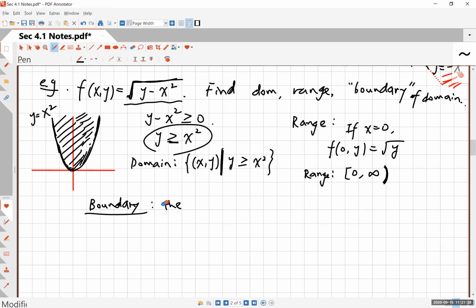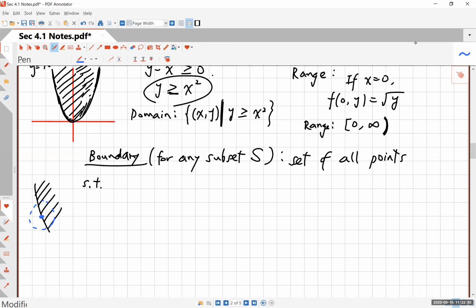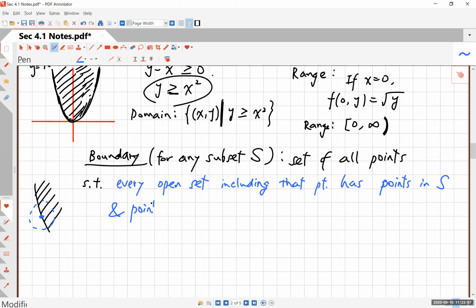The boundary for any subset S is the set of all points such that every open set including that point has points in S and points outside of S. Points in S and points not in S. Okay, so that's what it means.